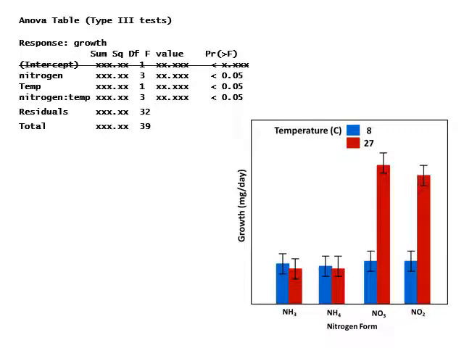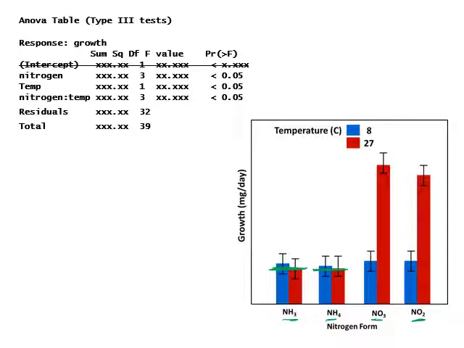Okay, so now for these slides, we get into some weird effects, and it becomes a little bit complicated to talk about because the interaction becomes significant. If you look at the effect of nitrogen, you can compare the means of the different nitrogen groups. So you have 4 nitrogen groups. The mean for NH3 is here. The mean for NH4 is here, averaging across the 2 temperatures.